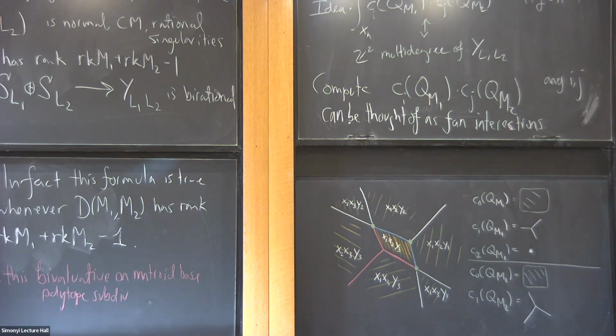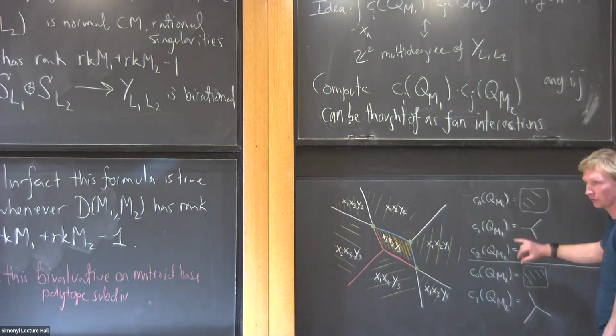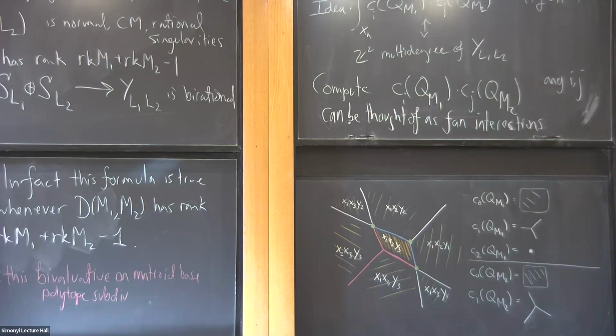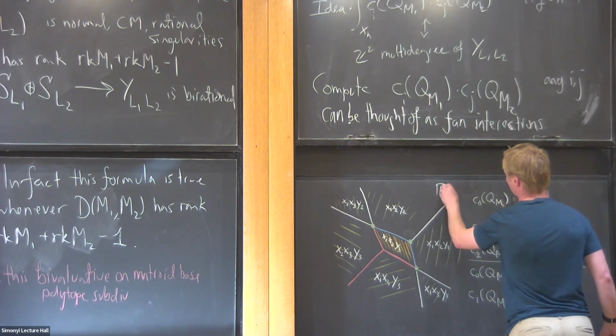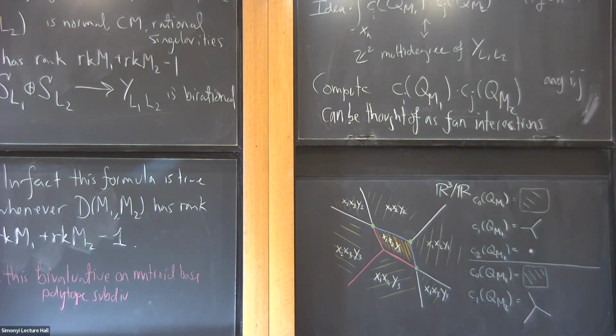When you intersect any two of the Chern classes of M1 and M2, you get a partitioning of space. This space right here is R3 mod R, the diagonal copy of R inside.